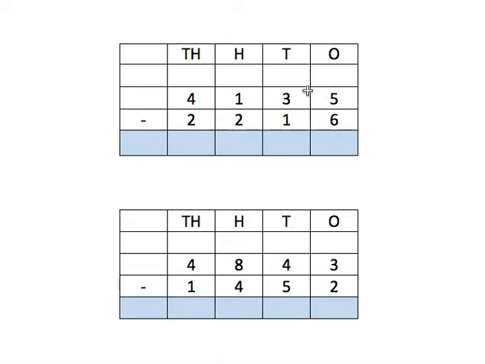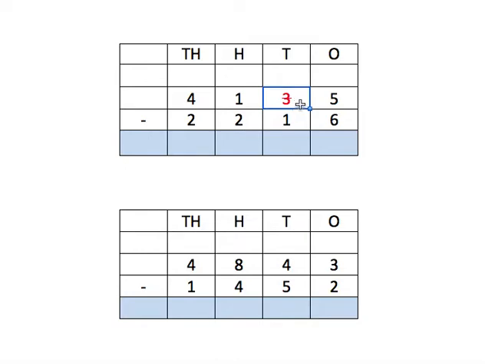Let's find out. There is 3 and I am going to borrow 1 from 3. When I borrow 1 from 3, I am going to cut it and take 1 from it.